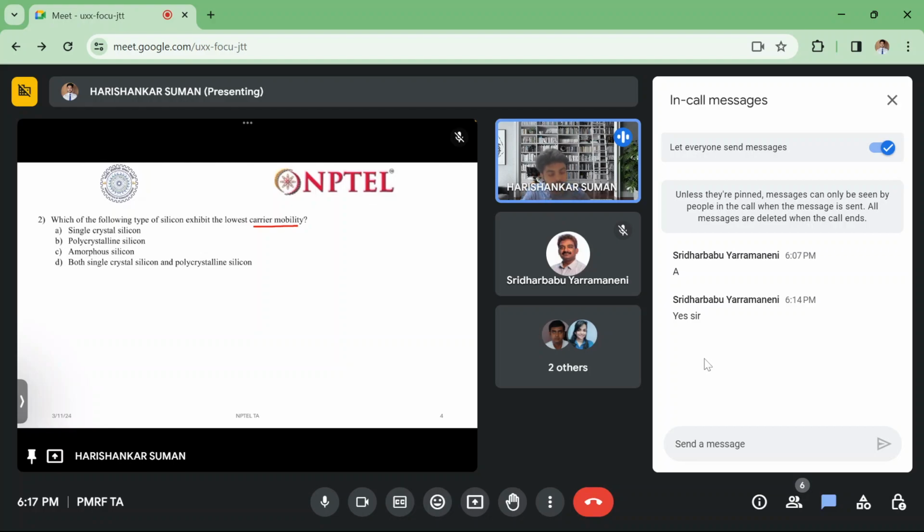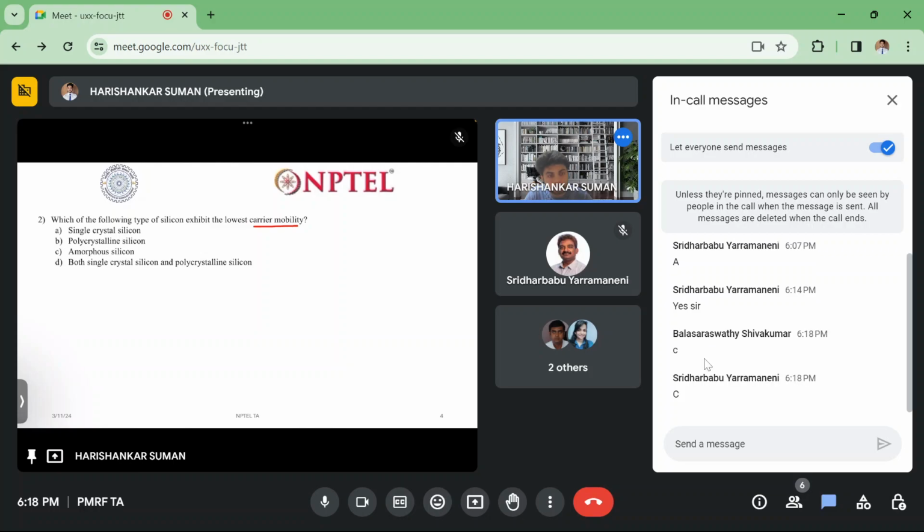If impurity is high, then mobility is low. So which silicon has more impurity? Okay, so C is the correct answer. Amorphous silicon has more.